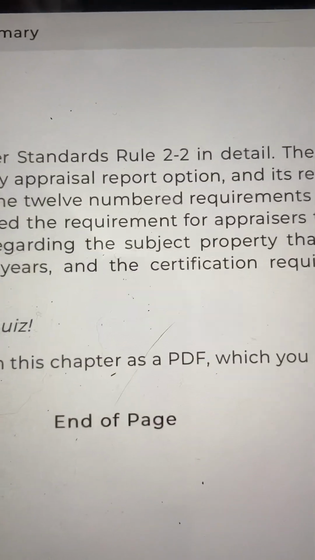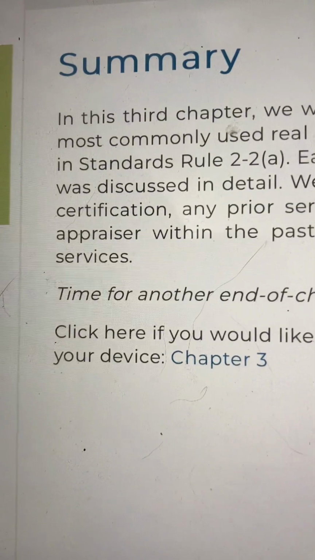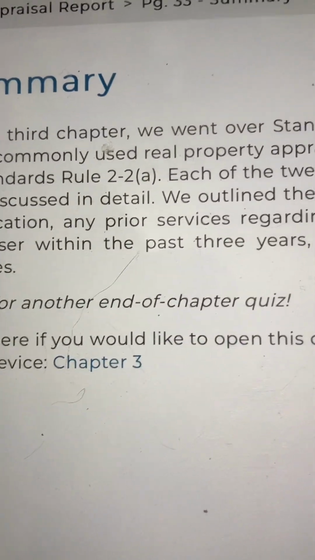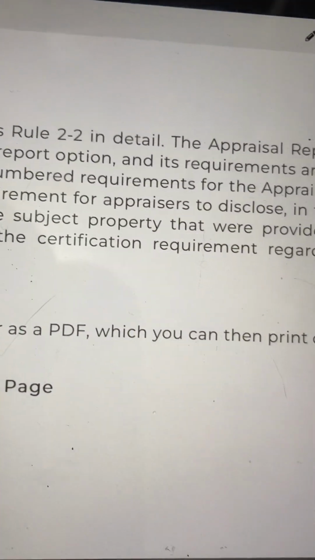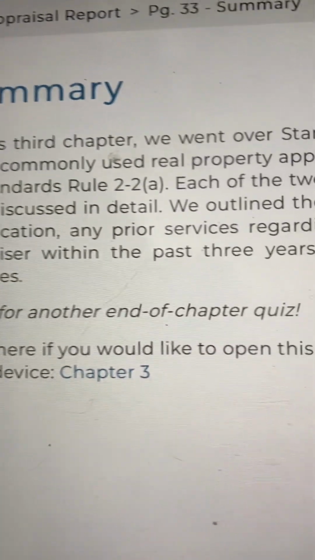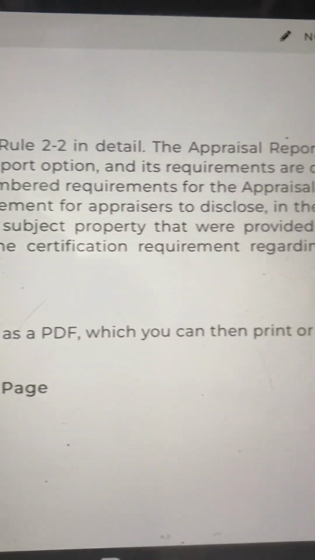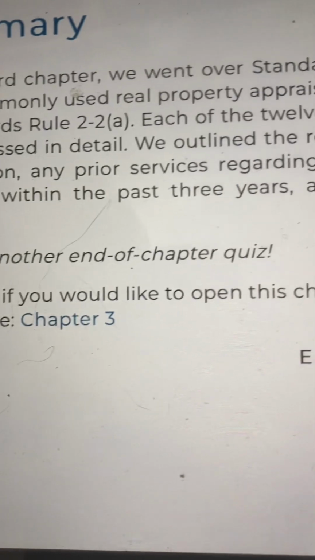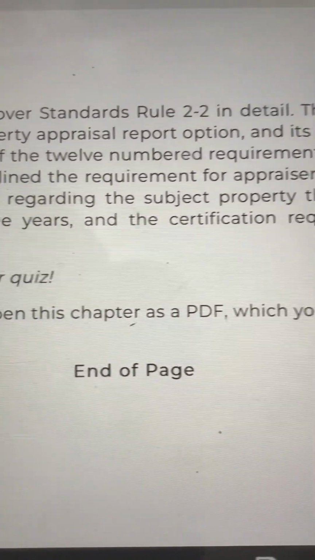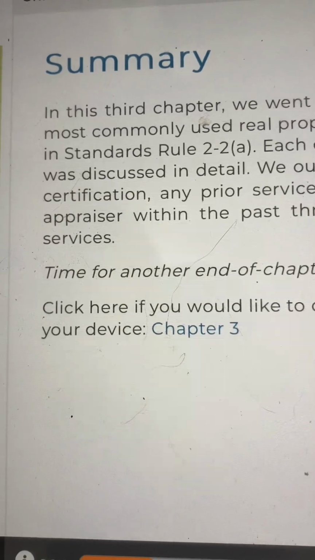Each of the 12 numbered requirements for the appraisal report was discussed in detail. We outlined the requirement for appraisers to disclose in the report certification any prior services regarding the subject property that were provided by the appraiser within the past 3 years, and the certification requirement regarding prior services.